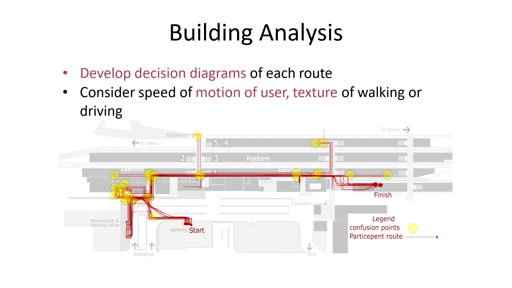It is critical to consider various factors such as user movement, speed, surface textures and anxiety, as we told before. Similarly, let us take a hospital setting. The decision points may vary from those in malls.